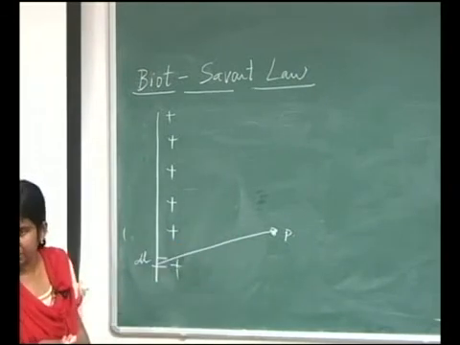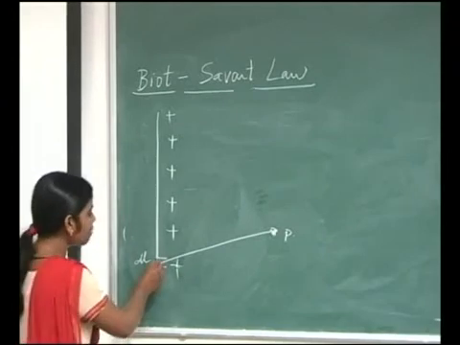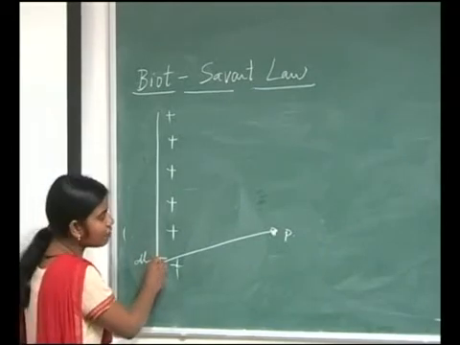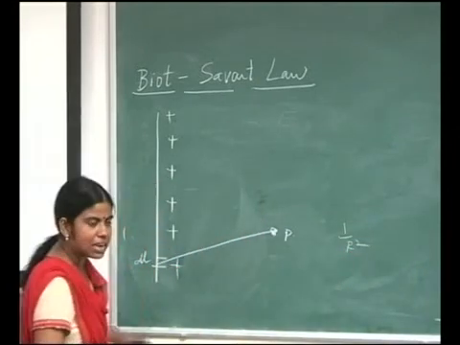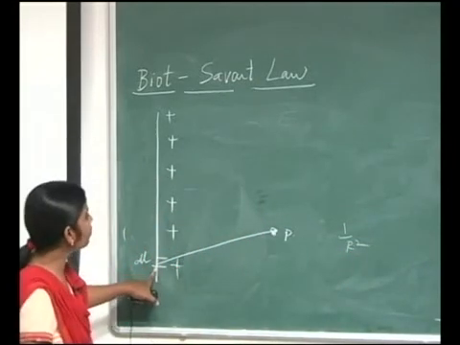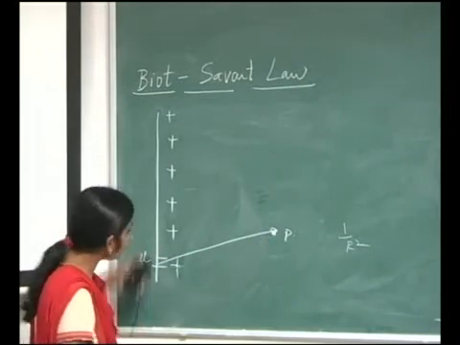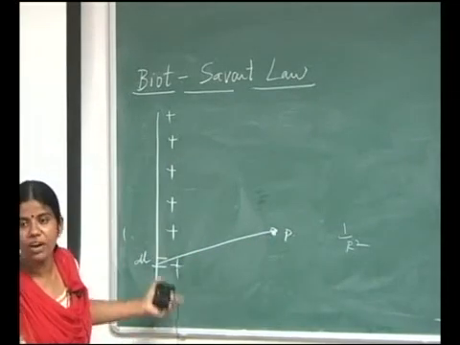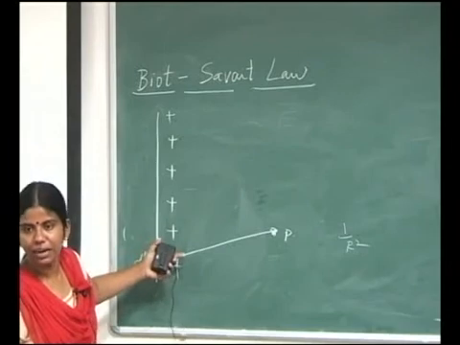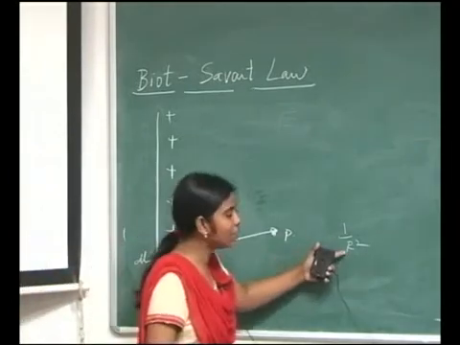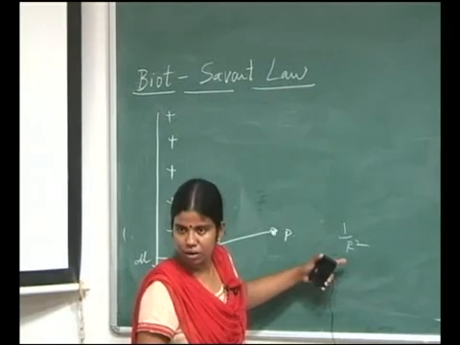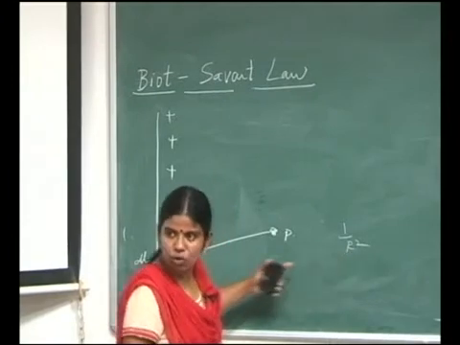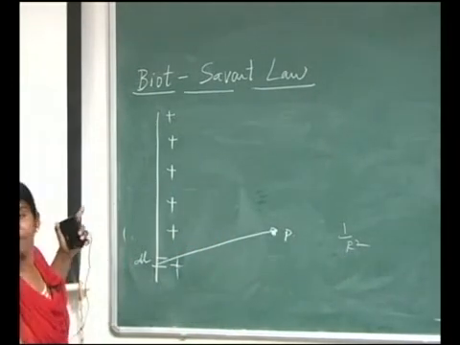For dl, I have a 1 by r square relationship. But when I want to calculate the electric field at point P due to the entire conductor, I will integrate over dl, and I will get 1 by r. Is it clear? When I integrate over the entire length, I get 1 by r.